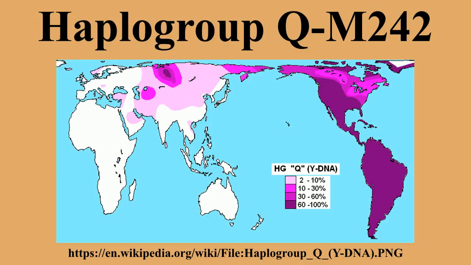On the other hand, 3.1% of Szeklers from Transylvania turned out to be P*, which virtually means Q-M242. In a related DNA project of FTDNA, the frequency of Q-M25 in Szeklers reaches 4.3%.